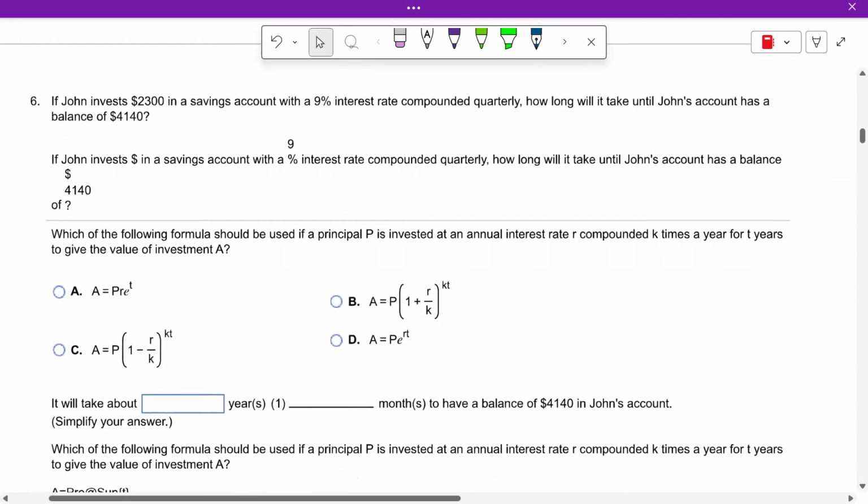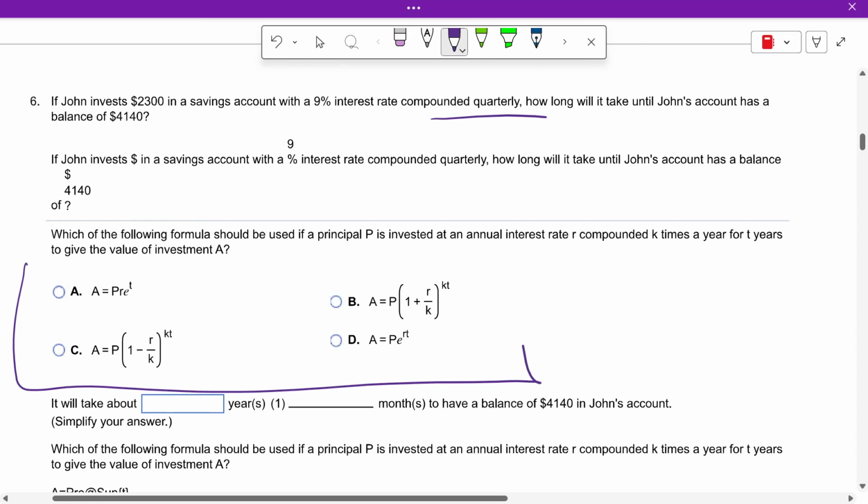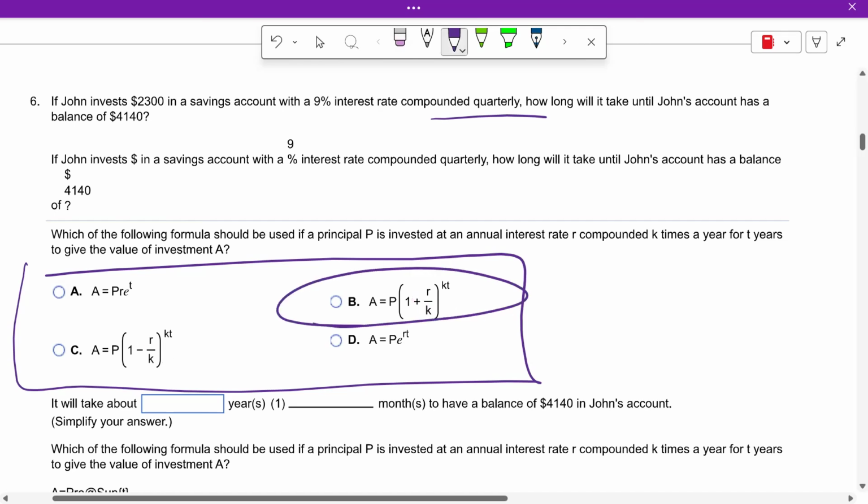Okay. Compounded quarterly. Which one of these four formulas would you use? I equals P R E the T, or I equals P times 1 plus the rate divided by the number of times compounded, to the number of times compounded times T. Do you add or subtract here if it's compounded k times per year? Add. You add.